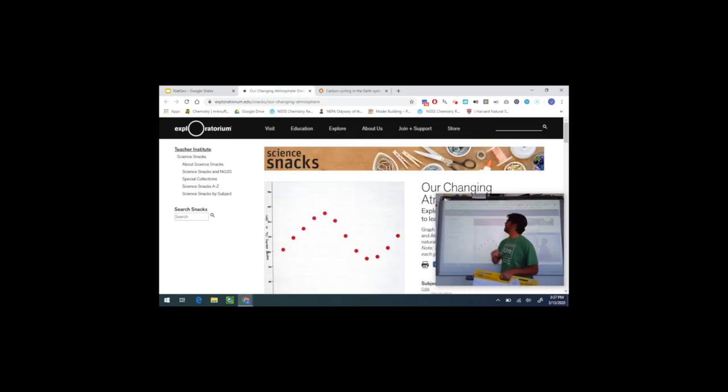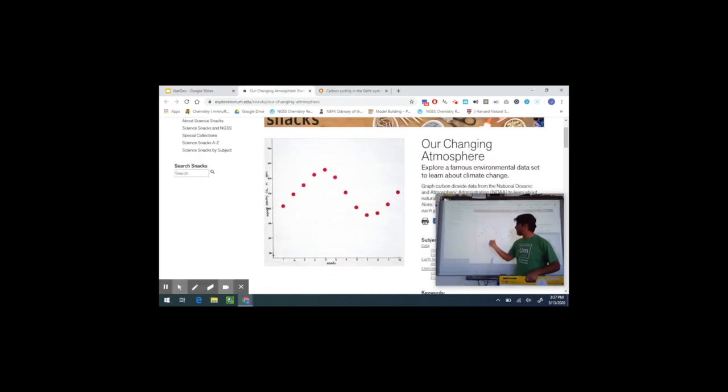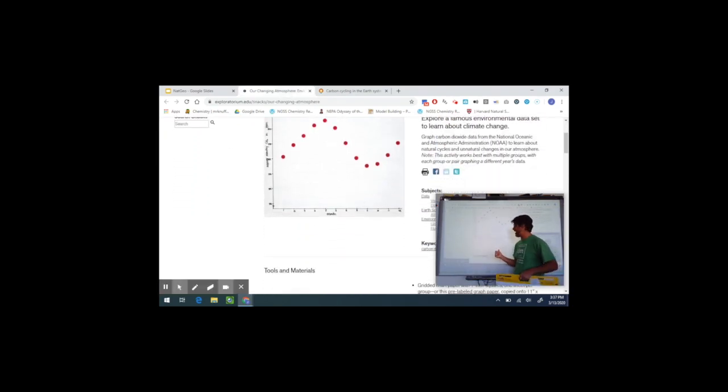In part two of our adventure, we looked at how carbon changes in the atmosphere in different places on the planet. So what we did is we took a whole bunch of data from NOAA, National Oceanographic and Atmospheric Administration, data that was shared through the Exploratorium and one of their amazing snacks.